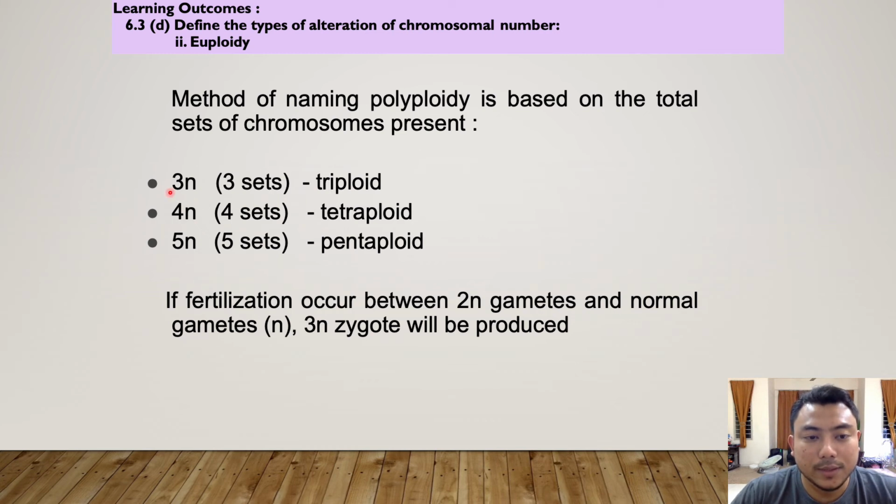If we have 3n, we call it triploid, 4n tetraploid, 5n pentaploid. If fertilization occurs between 2n gametes and a normal gamete n, a 3n zygote will be produced. So 2n gamete with a normal gamete, jadilah dia 3n, which is a triploid.